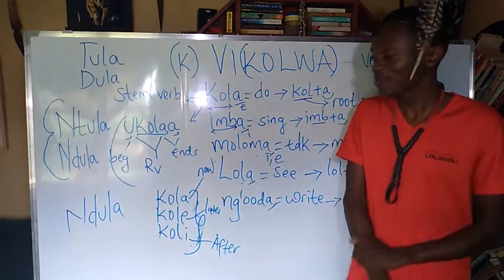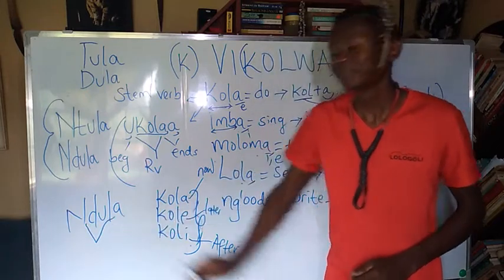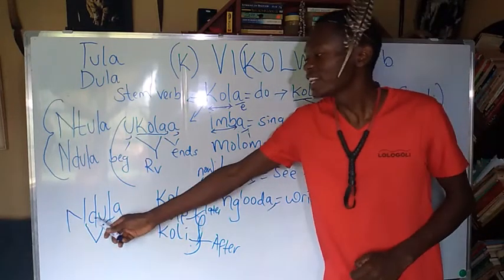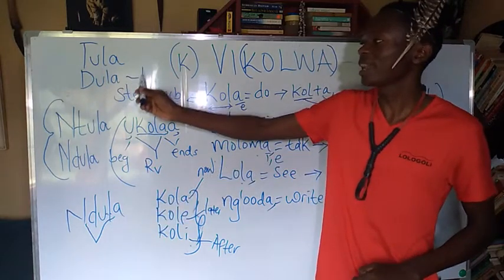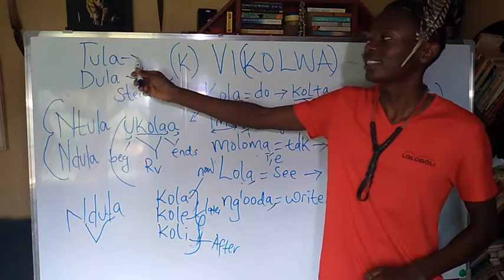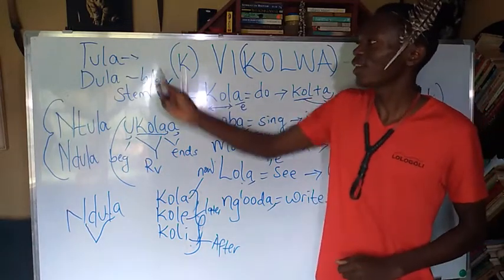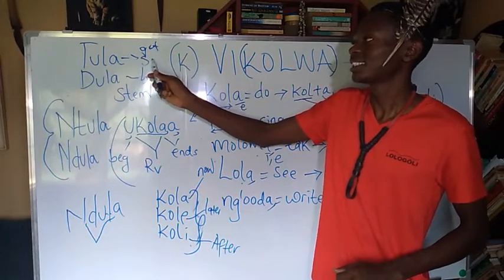Which is wrong because when you come and search for the root verb, you will find that dul, D-U-L, is for blame. And tura is for get out or smelt.